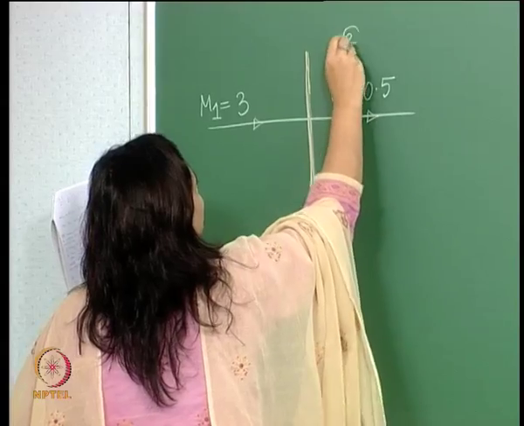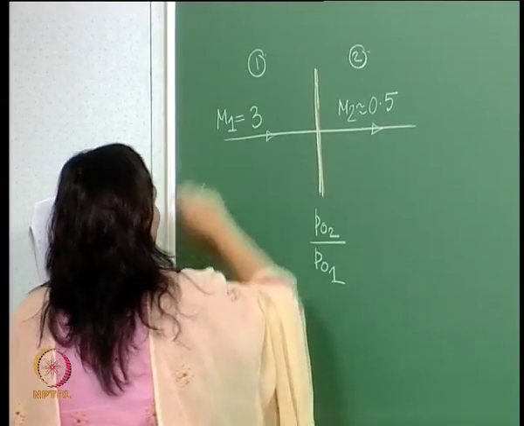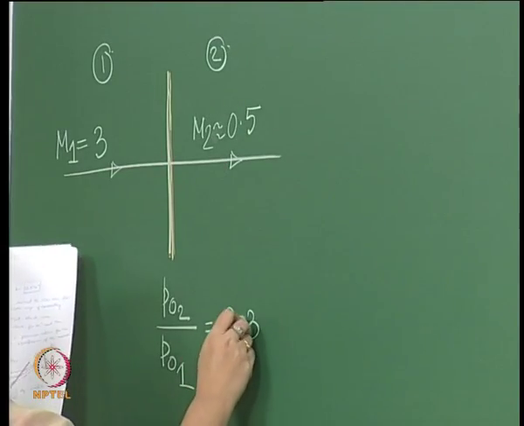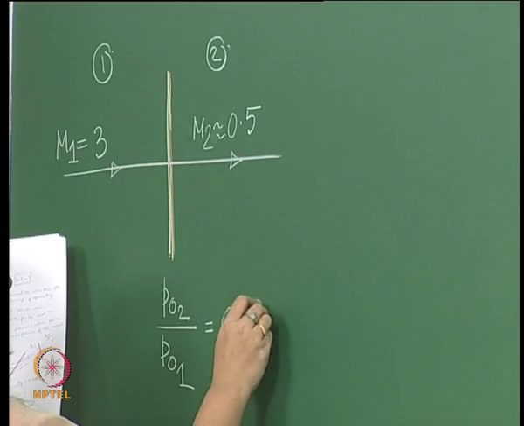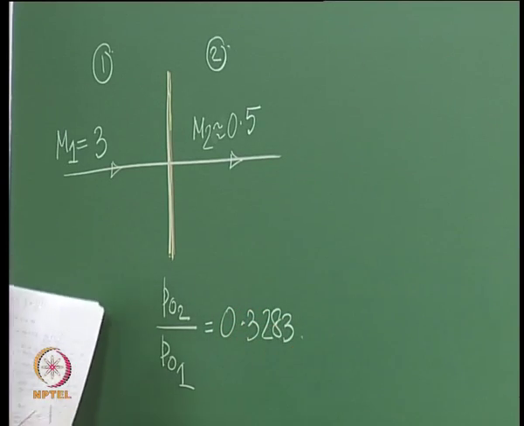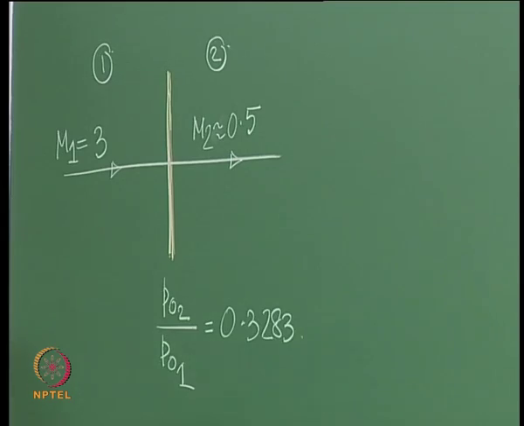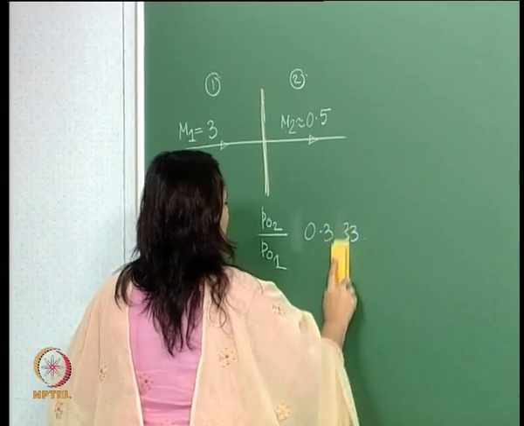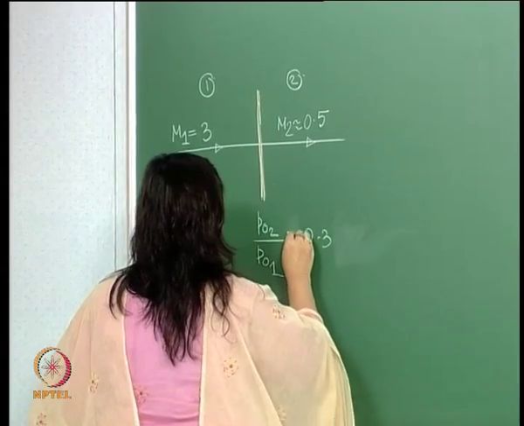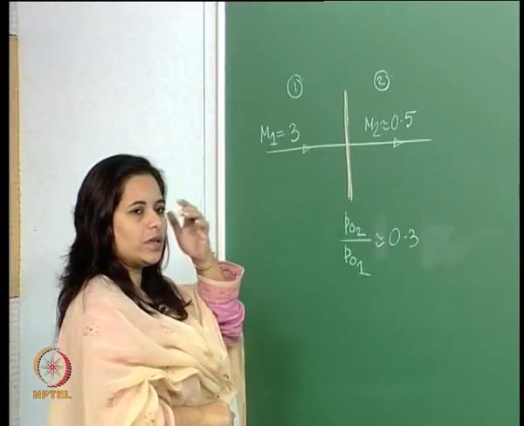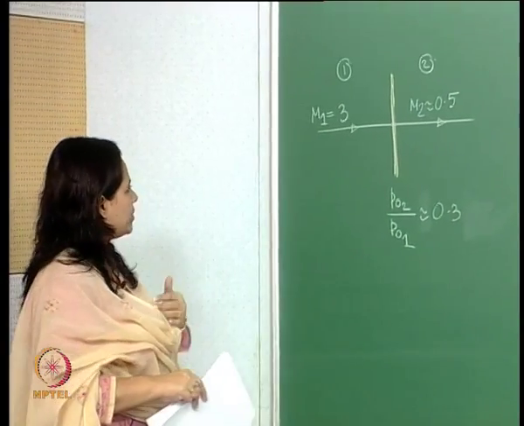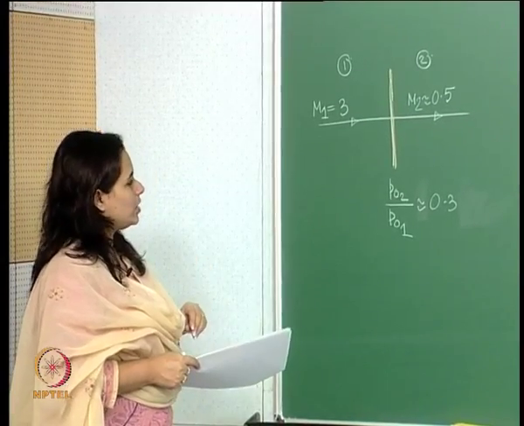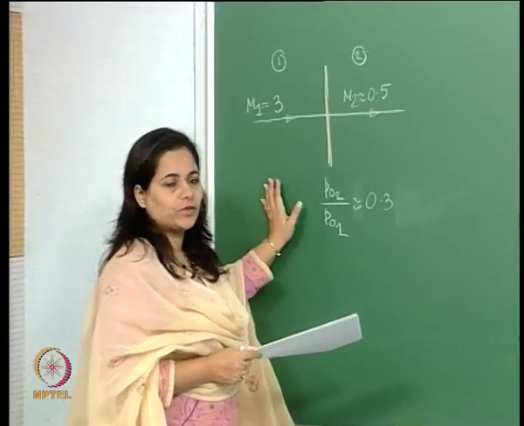So this is region 2 and this is region 1. We got this ratio to be 0.3283, let's say it is just around 0.3.